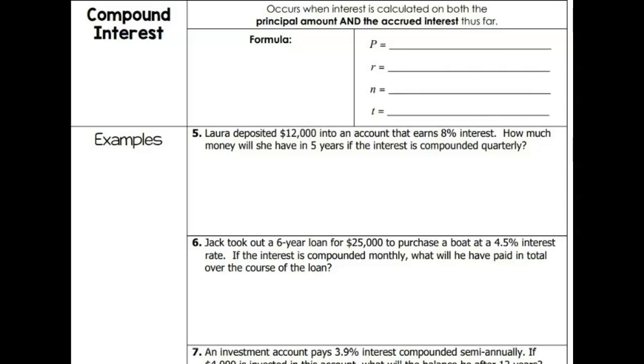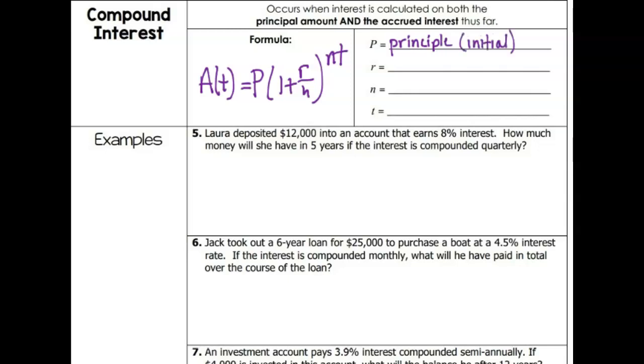So the compound interest formula is a slight adaptation to the compound growth, the exponential growth formula. Notice that we still have the initial amount, which we're actually going to call the principal, and so we're going to use P for that. And then notice that the rate now is divided by N, because that N is going to be how many times a year you are breaking it up.